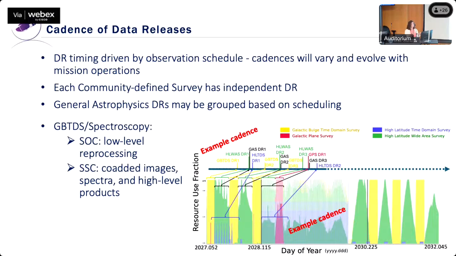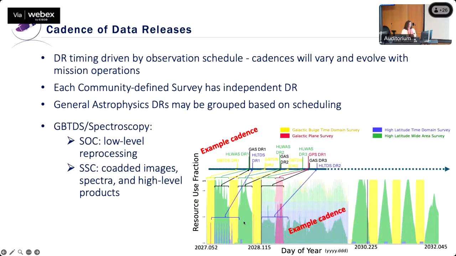And this is because the observing strategy as well as the science are very different. So the data releases will be optimized for the science in that survey. The general astrophysics data releases may be grouped based on scheduling, either with the ones for the community surveys or individually.